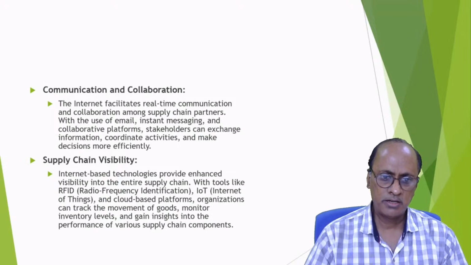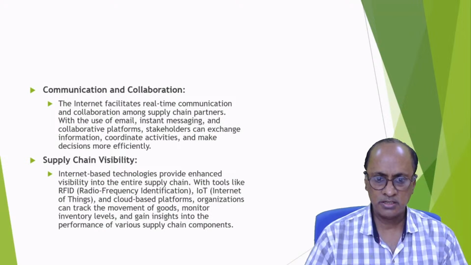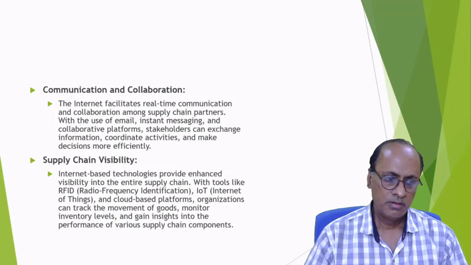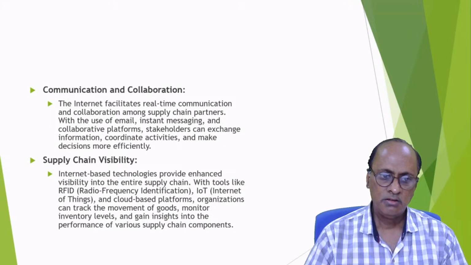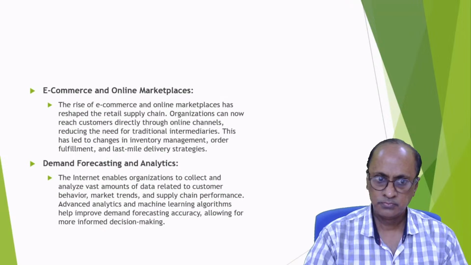Also, internet-based technology provides enhanced visibility with tools like radio frequency identification, Internet of Things, and cloud-based platforms. Organizations can track movement of goods, monitor inventory levels, and gain insight into the performance of various supply chain components and how the supply chain partners are operating. We can easily see this through the various internet-based technologies.